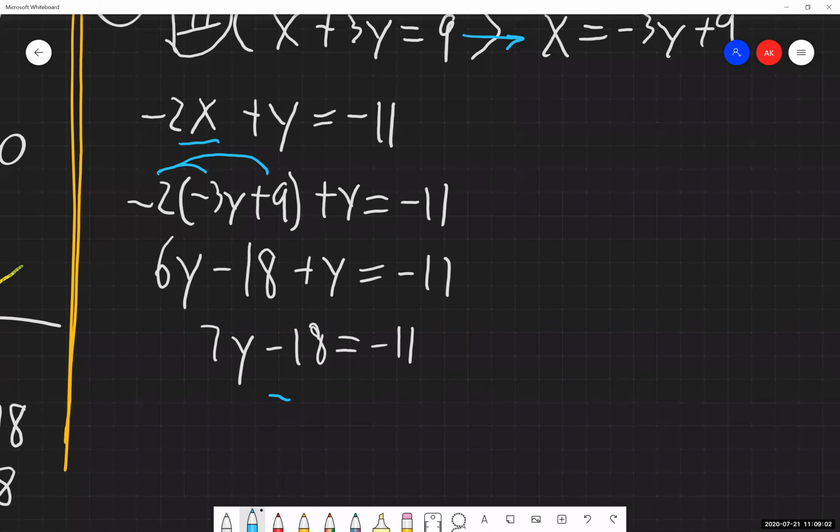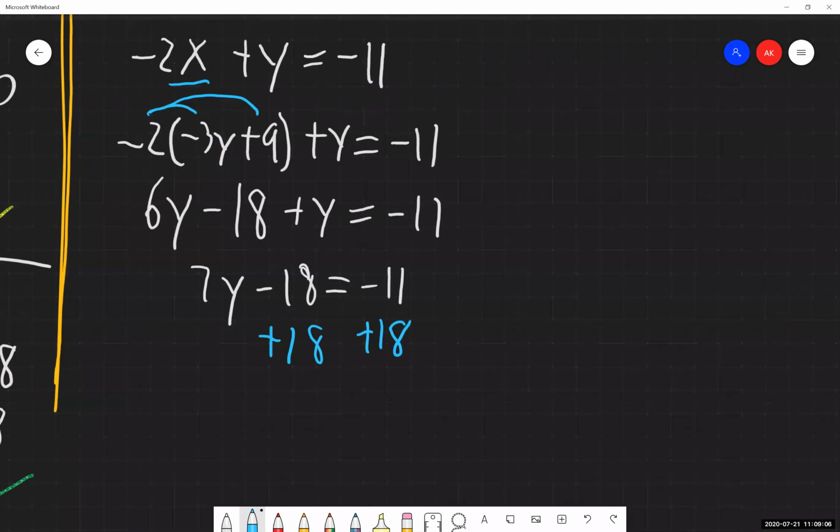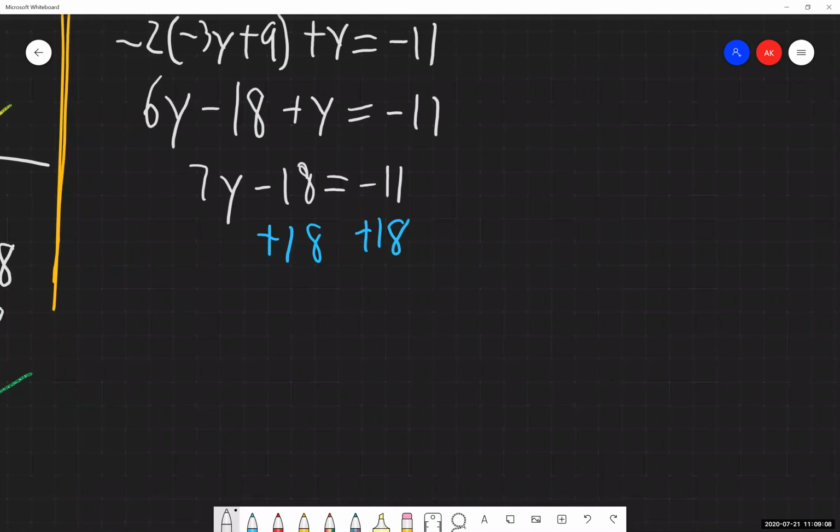At least with the method that we're using to solve this. So 7y is equal to, and add those together, I'm going to get 7. Divide both sides by 7. We're getting that y is equal to 1.